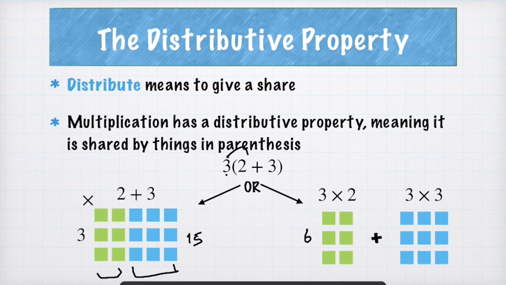And then we can multiply our 3 times our 3, and that gives us a 9. 6 and 9 add up to be 15, and so we find out that it's the same answer whether we do the stuff in the parentheses first and multiply it by the multiplication on the outside, or if we do the multiplication first and then add them together.